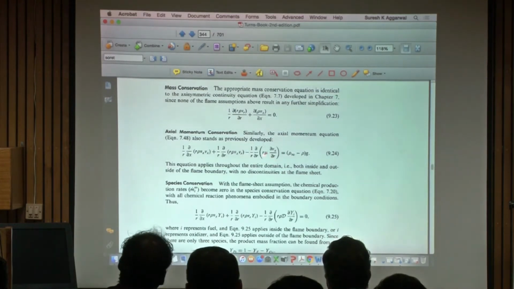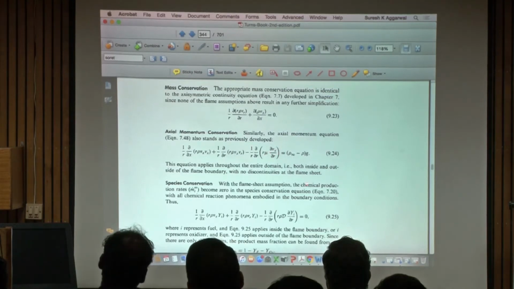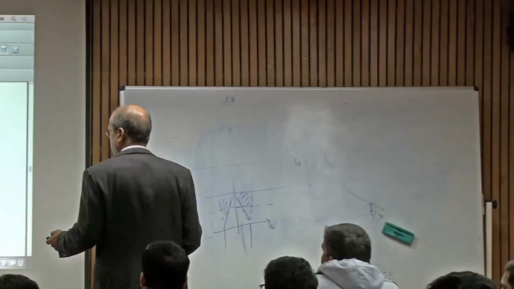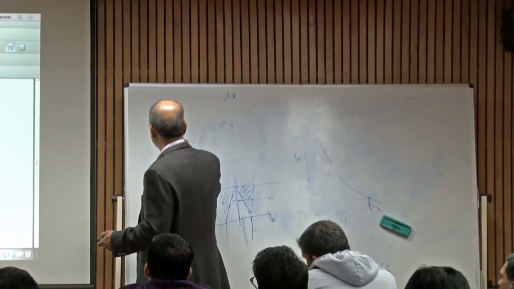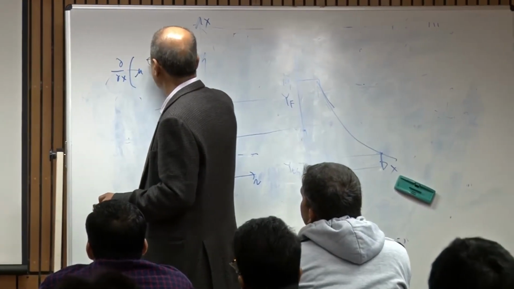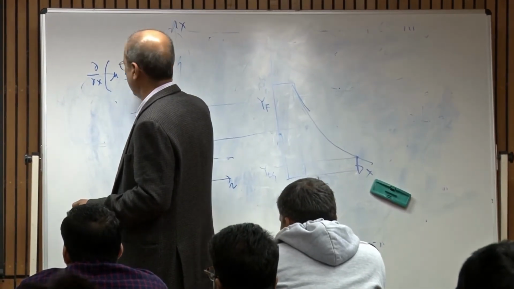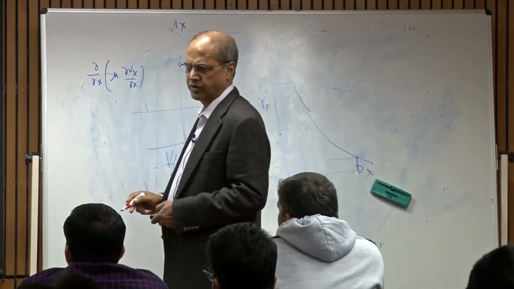So, mu is the viscosity, and you see the axial part here is neglected. What is the axial part? So, focus on this term. So, that is d dx of mu then dvx dx. So, this part is neglected compared to the radial diffusion.